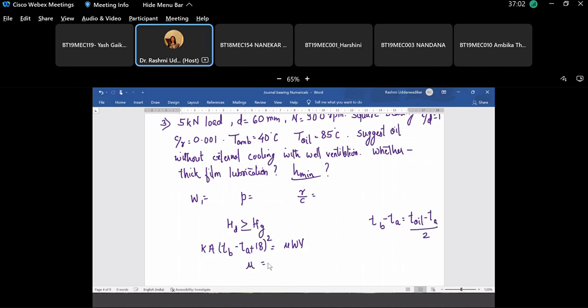Give me the value for mu, coefficient of friction. Give me the value of TB first.